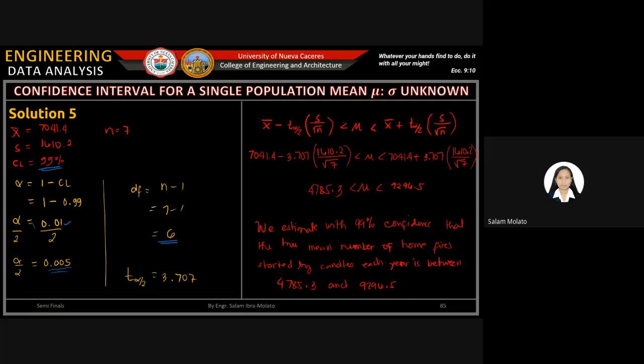So, pwedeng ganyan yung interpretation, no? So, 99% interval. Okay.